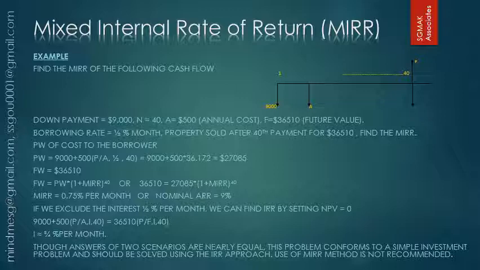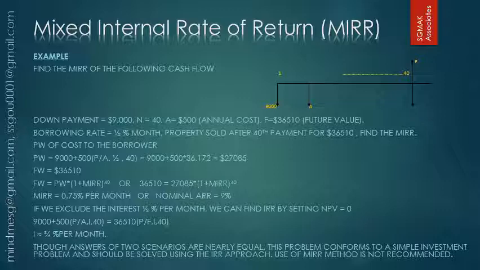You do it for 40 months, and then you get a future value of 36,510. Better to think of it as an investment: an initial investment of 9,000 and an annuity investment of $500 at the end of each month for 40 months. And you can realize a future value of 36,510.